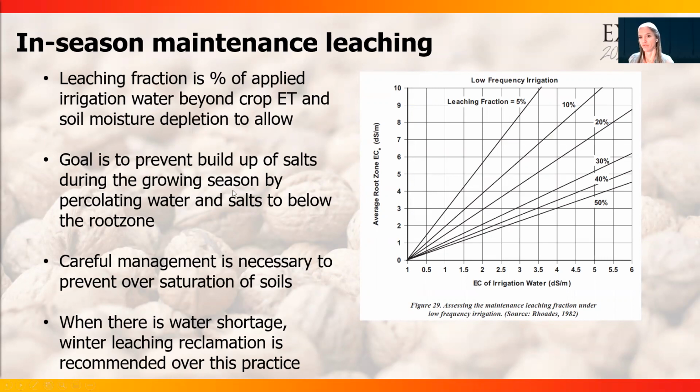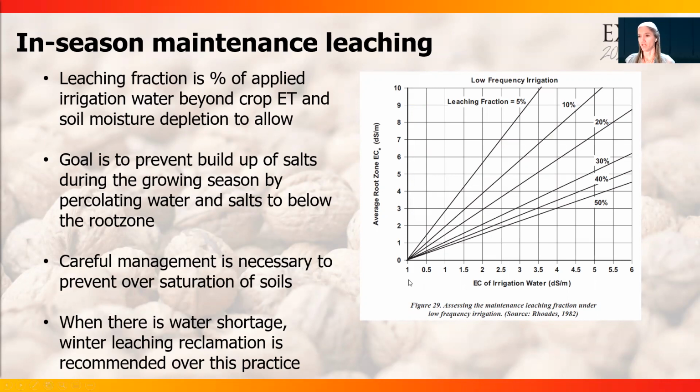The goal is to prevent the buildup of salts during the growing season by percolating water and salts below the root zone. But careful management is necessary to prevent the oversaturation of soils. When there is a water shortage, it's probably better to perform this leaching in the winter, when evapotranspiration rates are low, as a means to conserve more water.